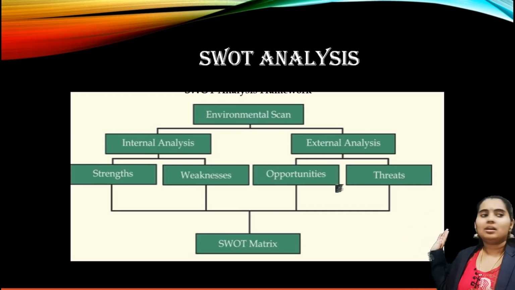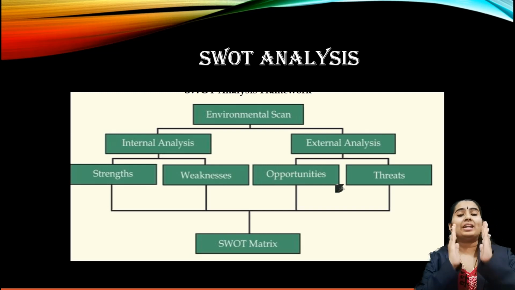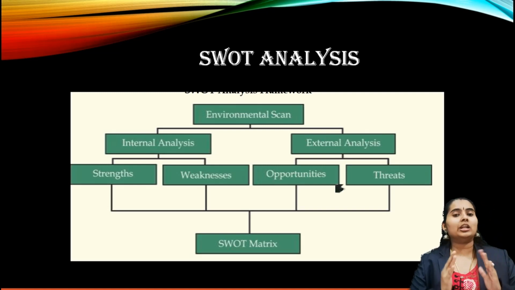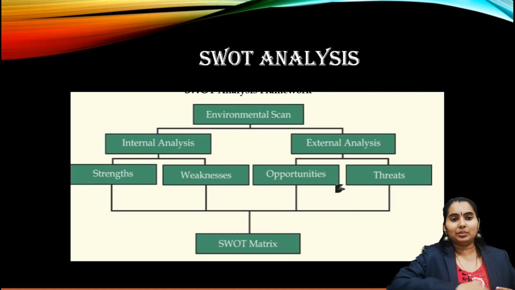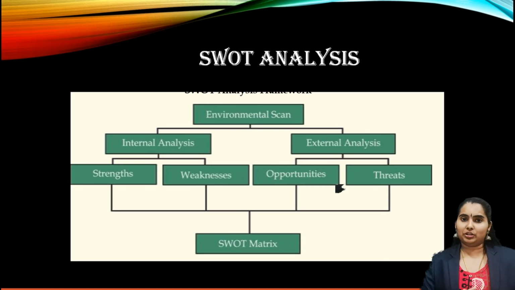SWOT analysis, or environmental scanning, is done through the internal environment and the external environment. When you analyze the internal, which is the micro environment, that means the surroundings very close to the business organization, which the business has some control over, like the competitors, producers and consumers. All this comes under the internal environment of an organization.